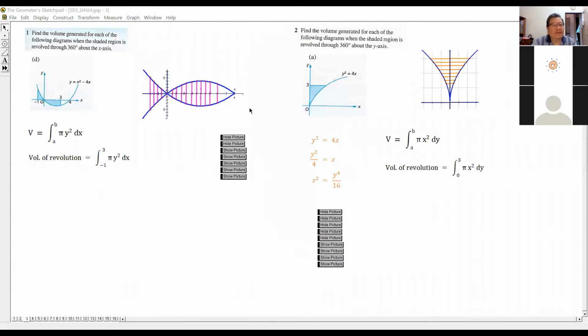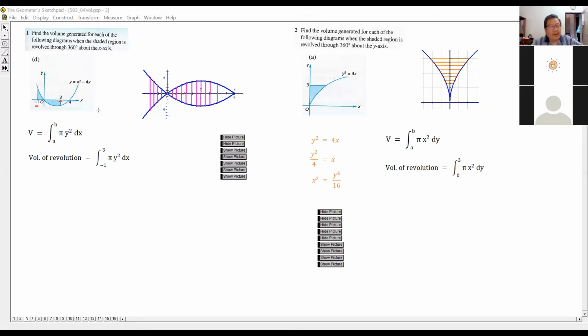The first example is the area between the curve, which is the parabola, from x equals -1 until x equals 3.